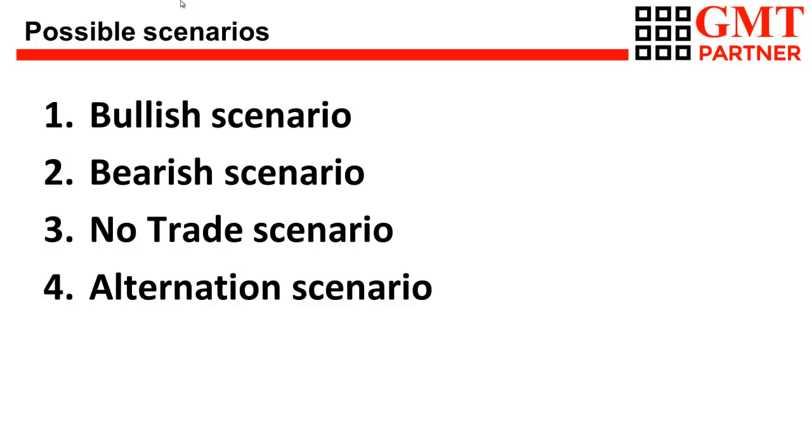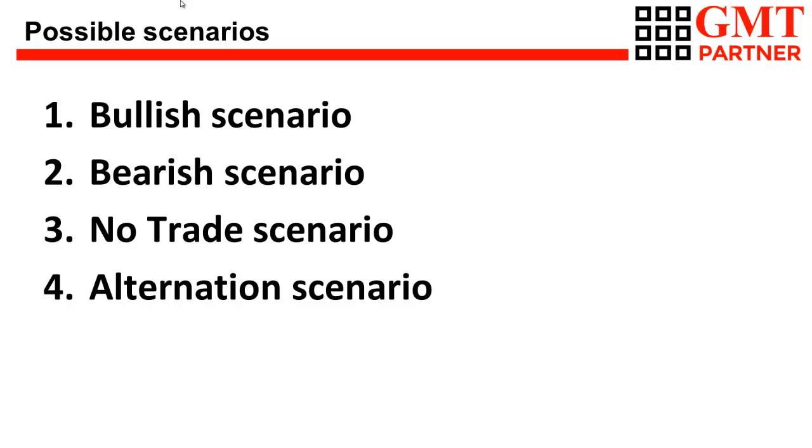Bullish scenario involves the opening of a long position after the end of the corrective downside movement. Bearish scenario involves the opening of a short position after the end of the corrective upside movement. No trade scenario, when the market develops a situation that is unfavorable for opening any positions.